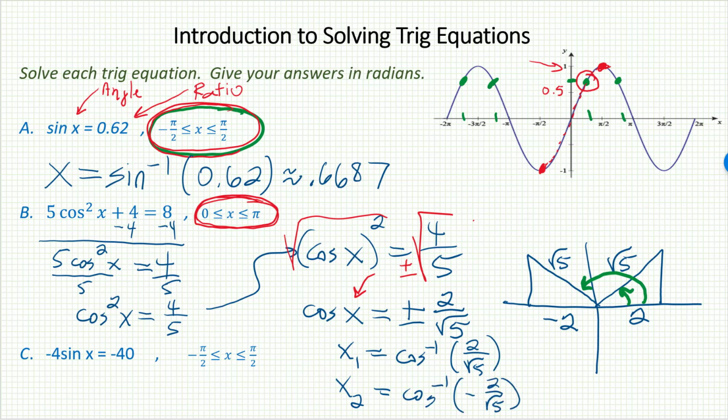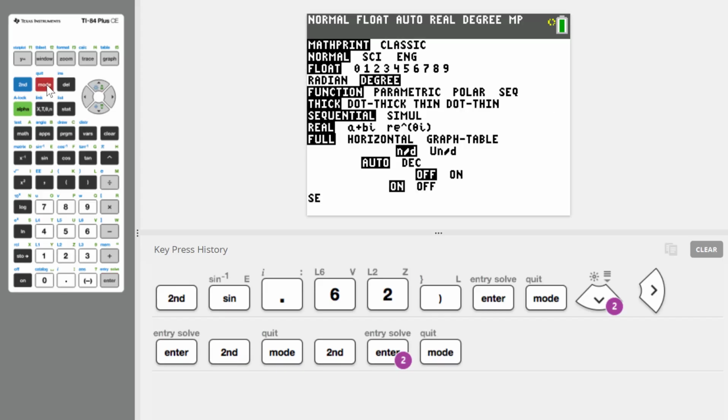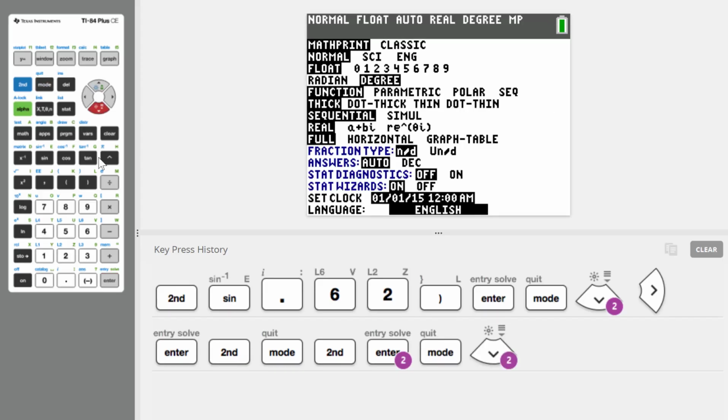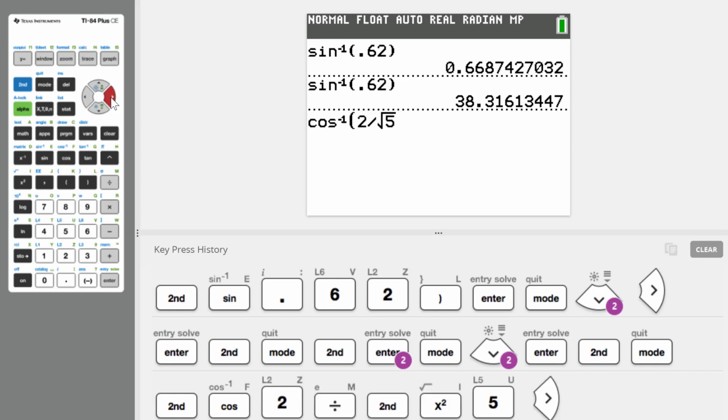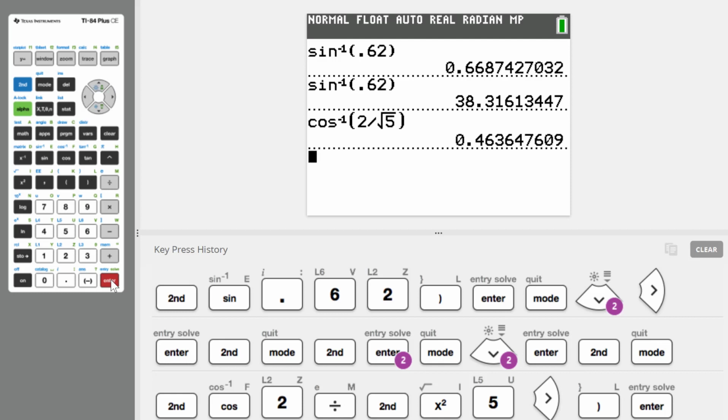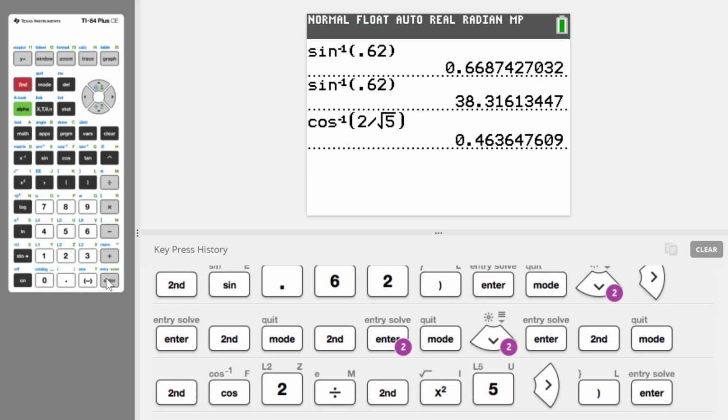Again, we can find the values right on the calculator. Let me put myself back in radian mode and quit out of there. And then we had cosine inverse 2 divided by the square root of 5. Don't forget to arrow out of the square root. So there's my first quadrant angle in radians, about 0.464 radians. I'll use that entry button again, and then I'm going to go back into this.